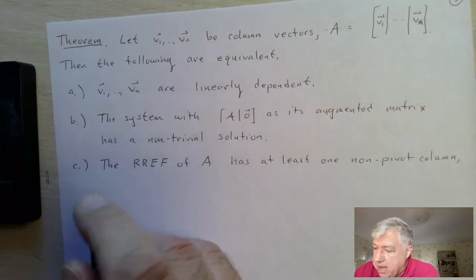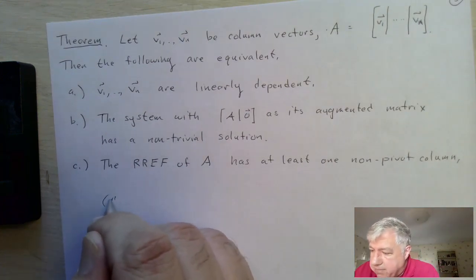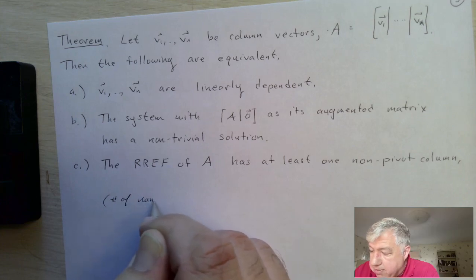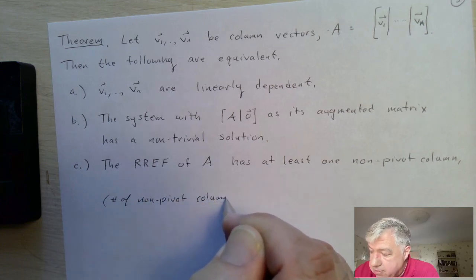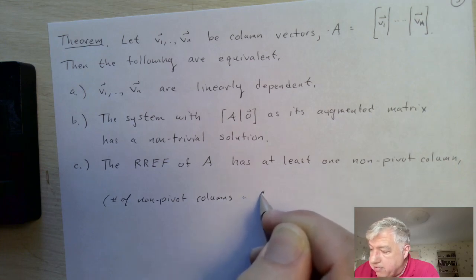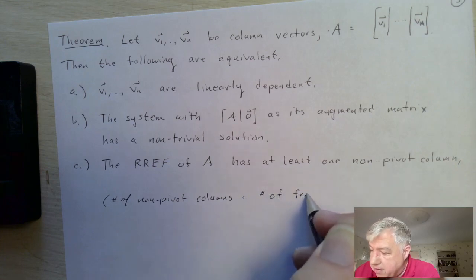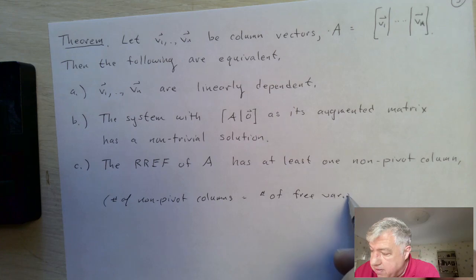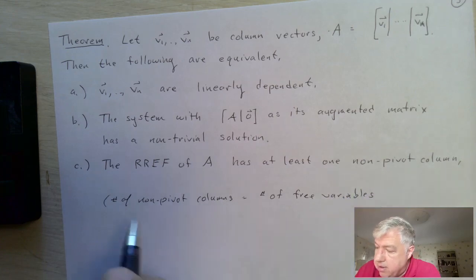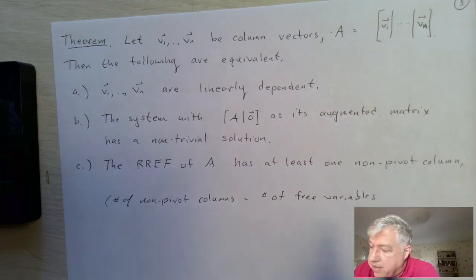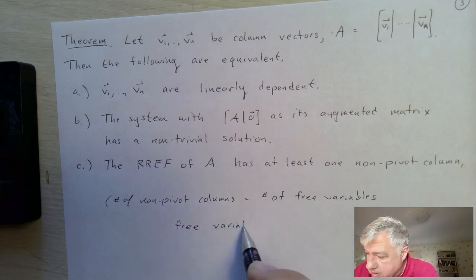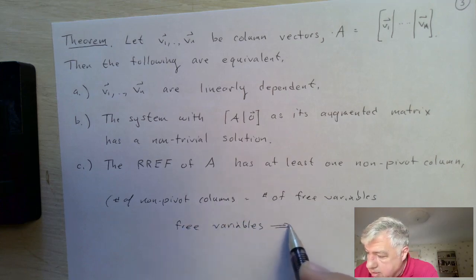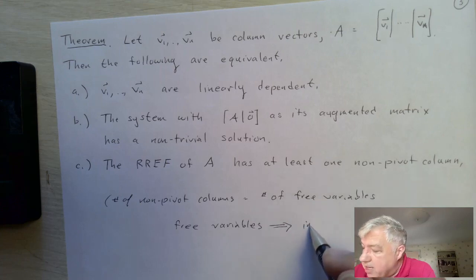The reason for that is that the number of non-pivot columns equals the number of free variables, and free variables imply infinitely many solutions.